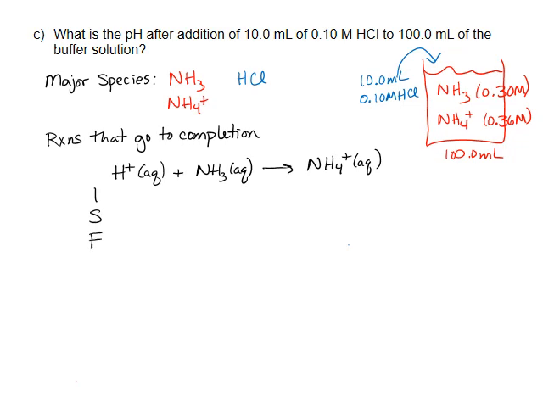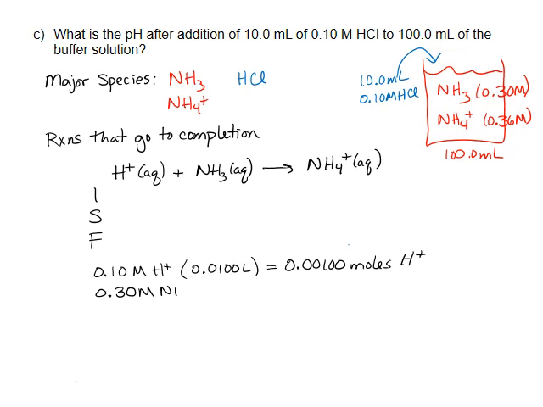And again, we'll need to find the initial moles of all of our species. For the H plus, we started with 0.1 molar, and we're adding 10 milliliters, or 0.01 liters. So we're adding 0.001 moles of H plus. We had 0.3 molar ammonia. We had 100 milliliters of that solution, or 0.1 liters.